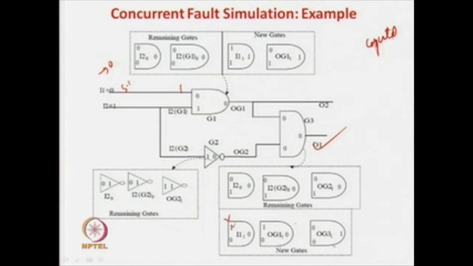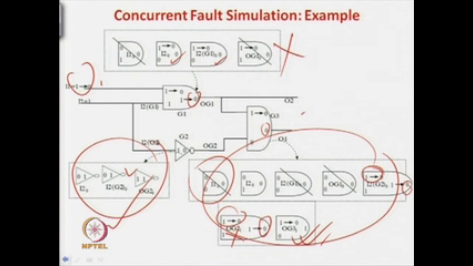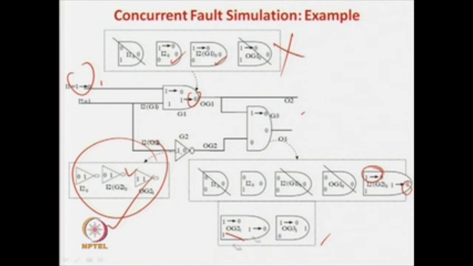In deductive fault simulation you retain nothing, but here you try to retain as much as possible. But still, what is the penalty we are paying? Some of the gates, like for example the dead gates, if you remember. So, these gates had no effect, like this gate, this gate, this gate, we are just keeping it, we are just carrying the dead animal, you can think.